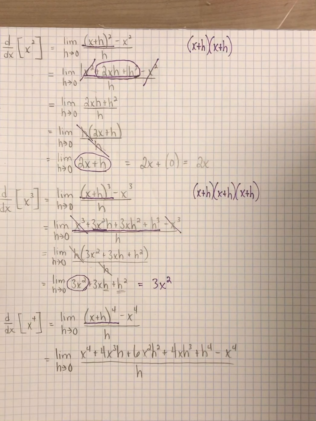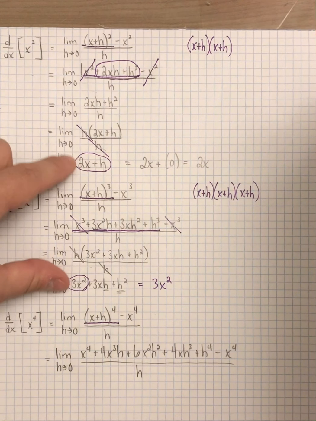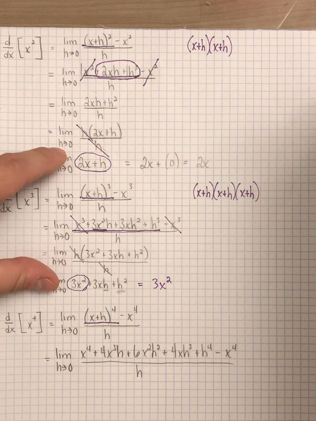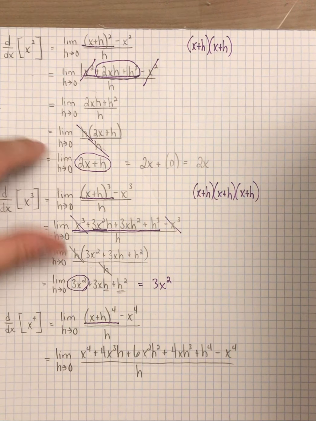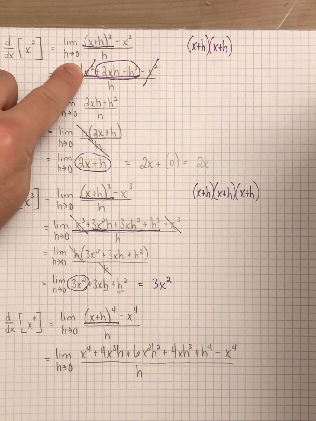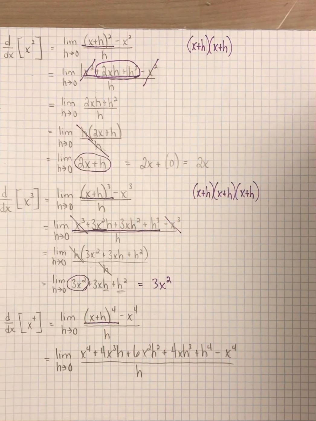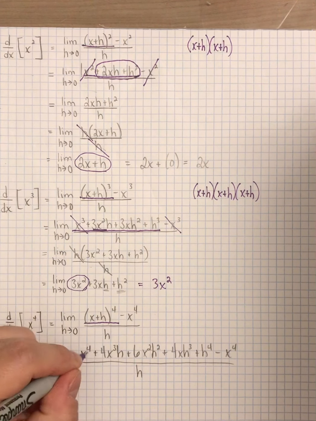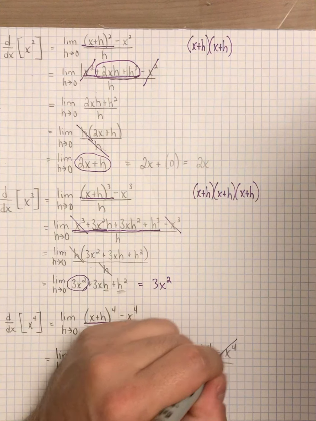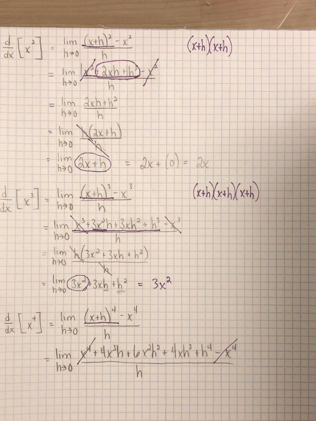Now let's come back up here for a moment and see what happened with these two smaller powers, x squared and x cubed. What we said was that the first term of the expansion is going to cancel out with the subtraction at the other end there. So once again down here, our x to the fourth will cancel out with minus x to the fourth.